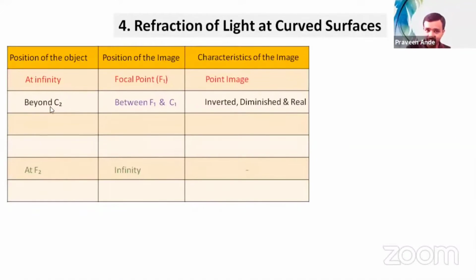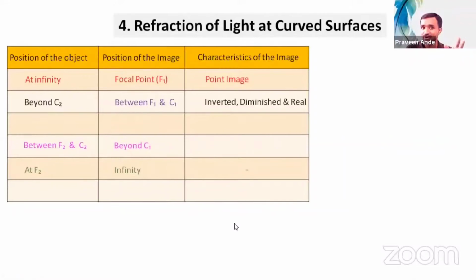Then look at here. The object is placed beyond C2 and the image is obtained between F1 and C1. What happens if I place the object between F and C here, that means between F2 and C2? See that situation, where do you get the image? The image will be shifted to beyond C1.